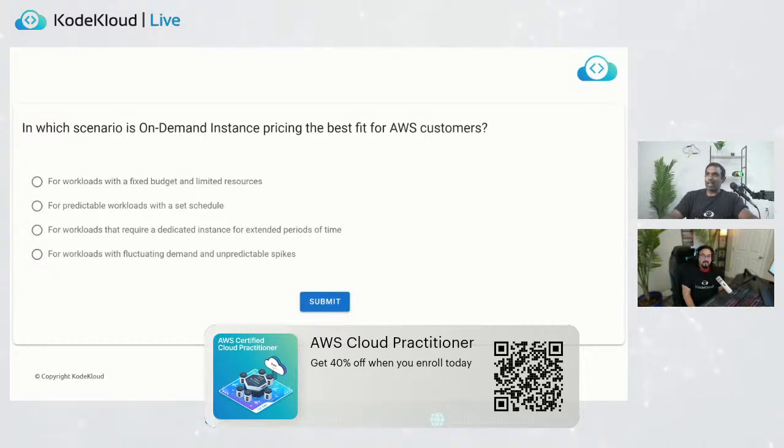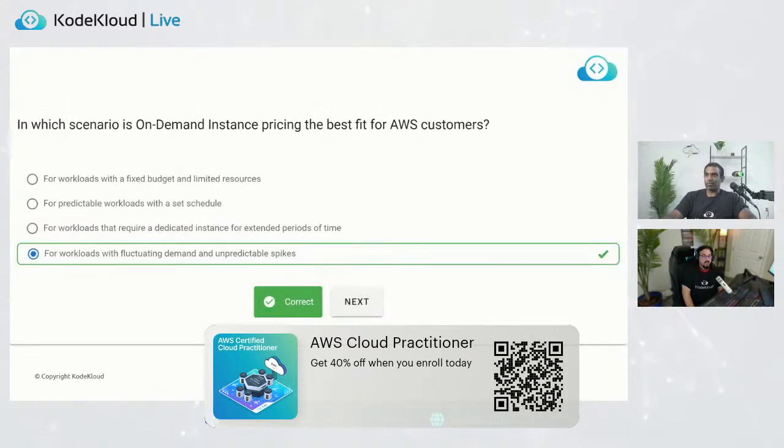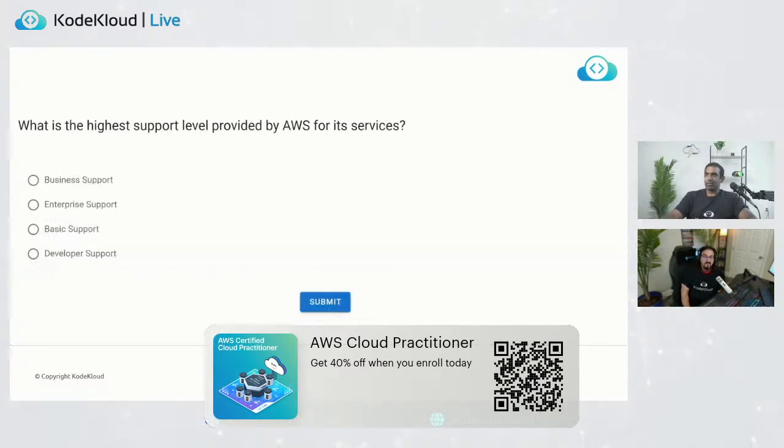Workloads that require a dedicated instance for extended periods of time, that's most likely not it. So looks like you got the right one. It's for workloads with fluctuating demands and unpredictable spikes. That's the whole idea behind on demand. Whenever you need it, you can scale up, and then whenever you no longer need it, you can scale it back down. Go to the next question.